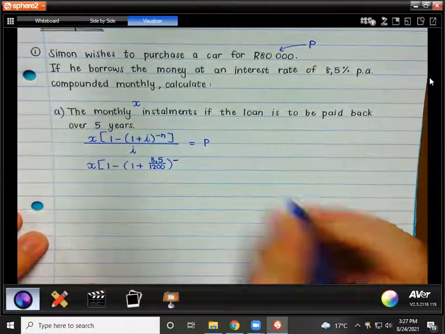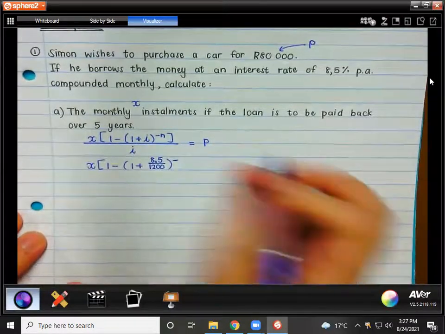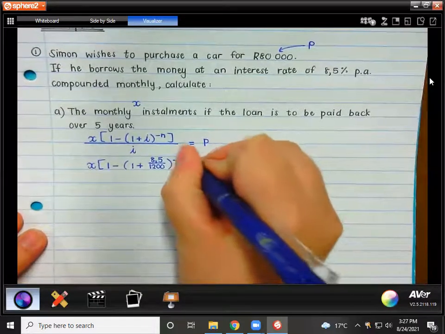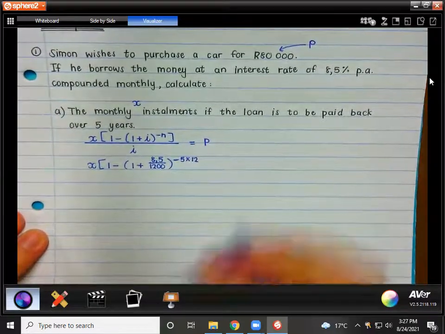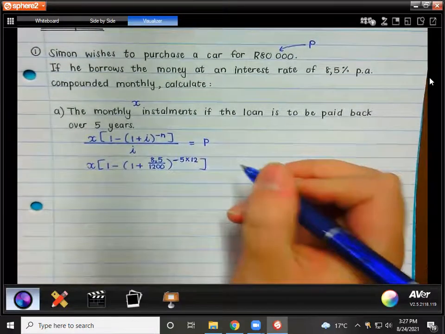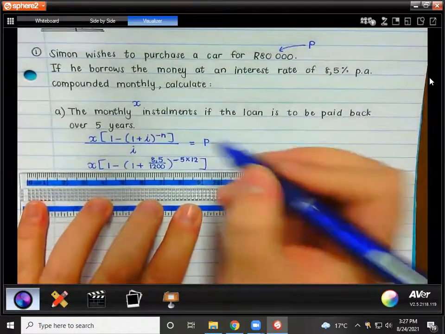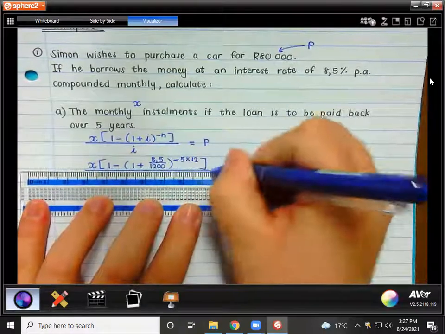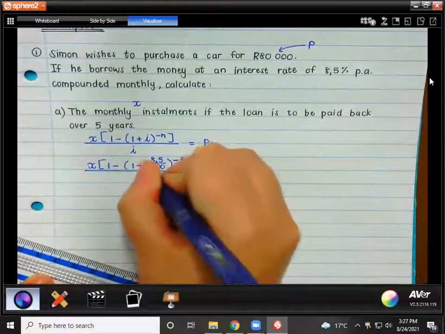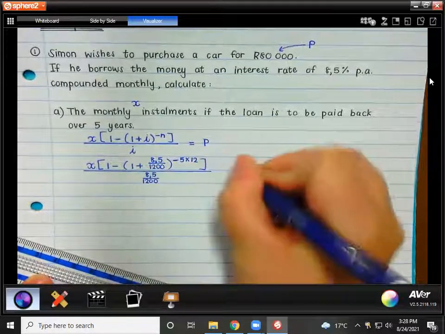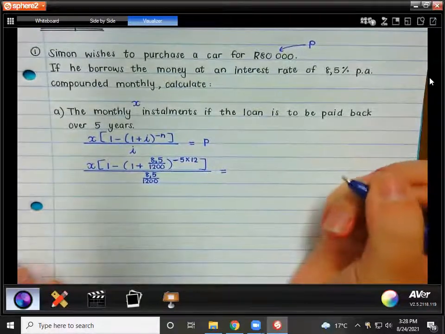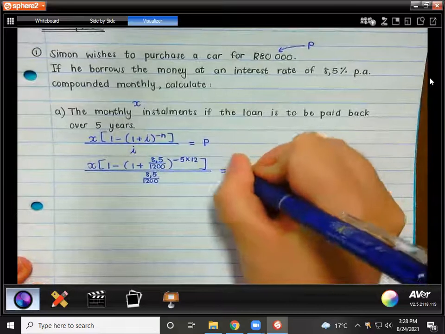If it is 5 years and it's monthly, you can obviously write 60 straight away, yes, but you can also just write 5 times 12, that's perfectly fine, over the interest rate again, which is 8.5 over 1200. And that is equal to the present value, which is 80,000.